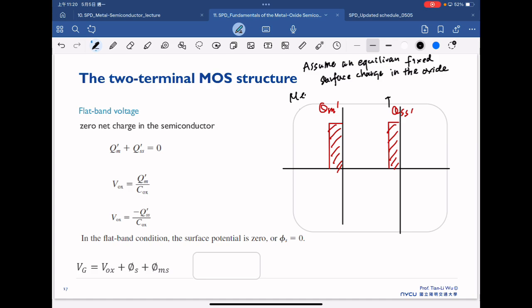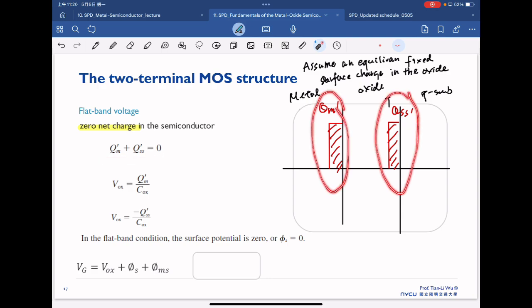This is a metal, oxide and P substrate. Because right now there is zero net charge in the semiconductor, the Q_M prime plus the Q_SS prime should be equal to 0. This plus this should be equal to 0.